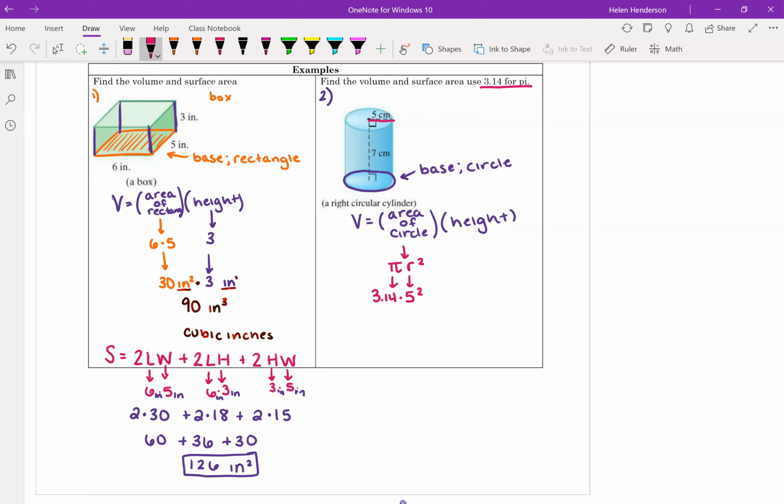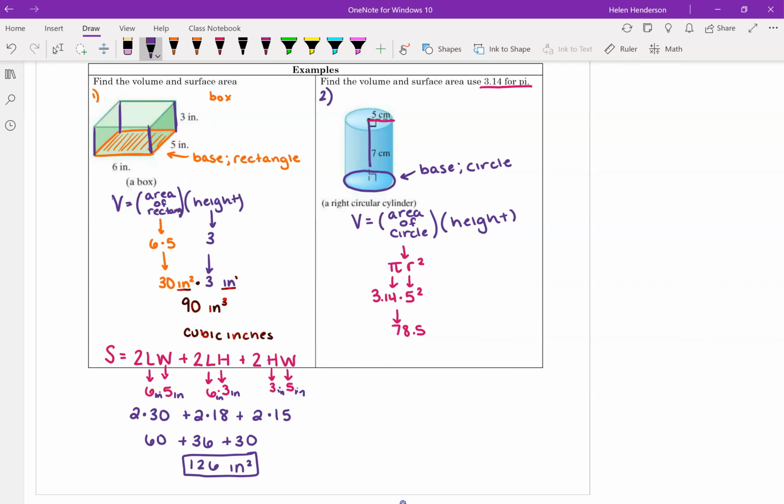So if I was just calculating the area of that circle, it would be 25 times 3.14. So this would make 78.5 square centimeters. But now we have to level up and put the height on there.